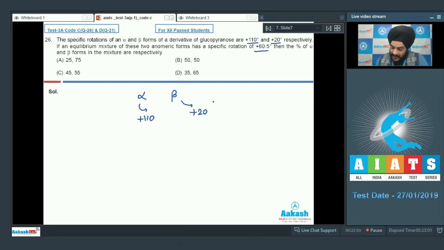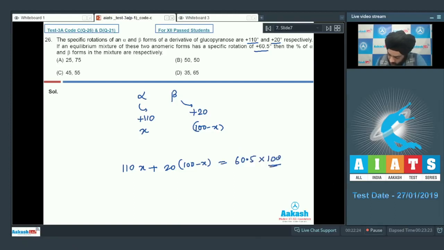Now, if the contribution of the alpha form is assumed to be x, then the contribution of the beta form will automatically be 100 minus x. So we have the equation 110 into x plus 20 into (100 minus x) is equal to 60.5 into 100. This 100 is because we are dealing in percentages and not fractions.